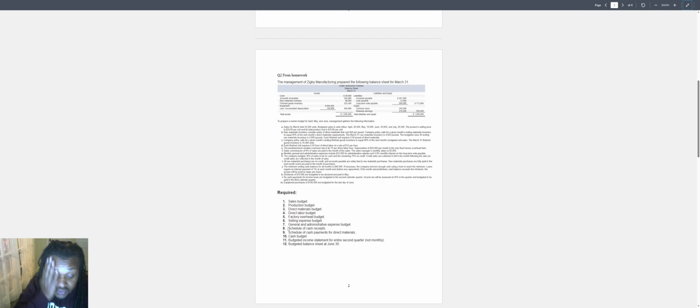So number 8 is the schedule of cash receipts. Okay, so 30% of sales are for cash. As you can see up here, 30% of sales are cash. 70% are credit, collected the following month, beginning March 31st.